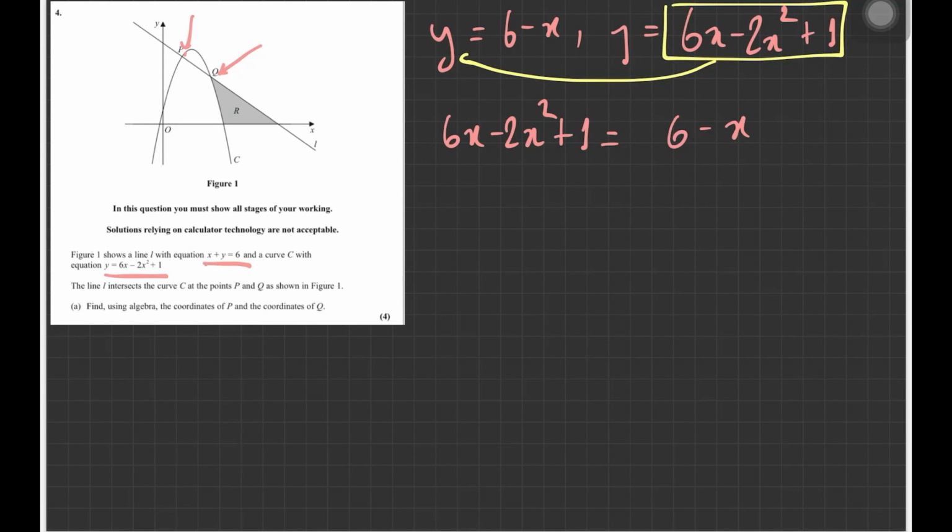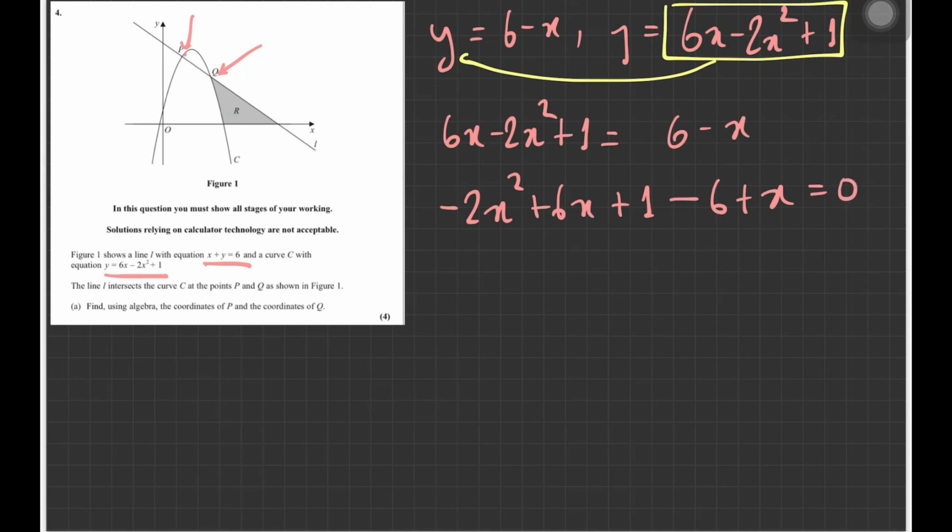Now let's rearrange this equation so that we get a nice quadratic, right? So let's keep minus 2x squared plus 6x plus 1. Now I'm going to move both of these things on the right to the left, so their signs are going to change. So it's going to be minus 6 plus x is equal to 0, right?